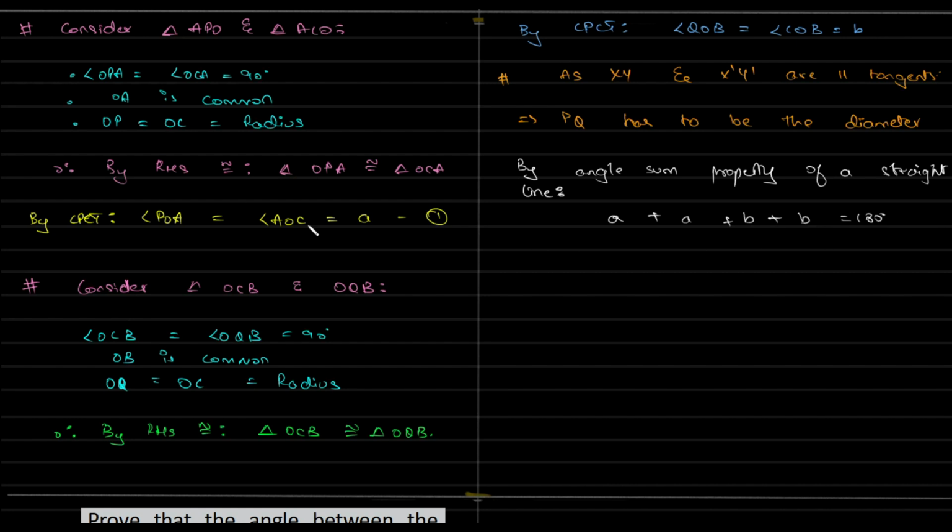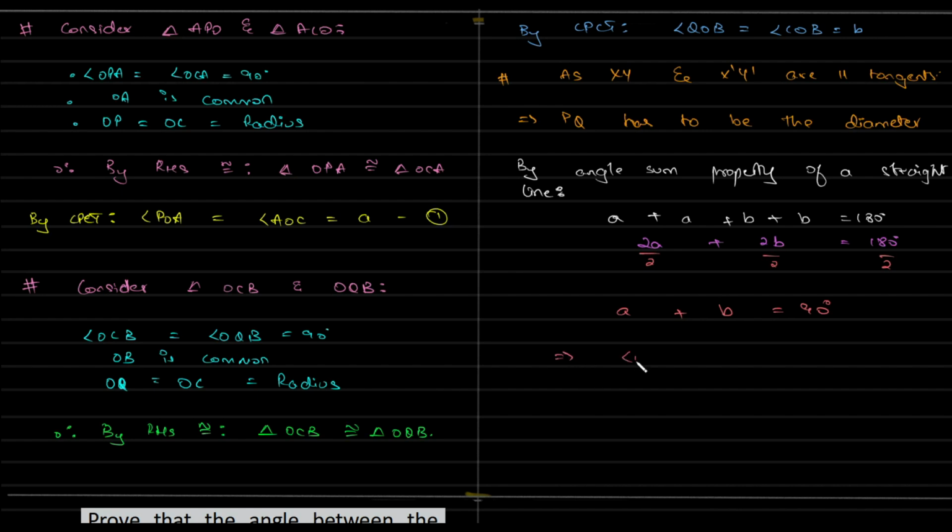So 2A plus 2B is equal to 180, divided by 2, and we have A plus B is equal to 90 degrees.